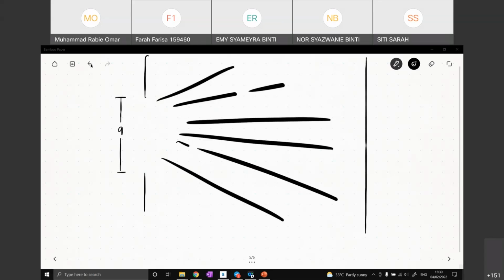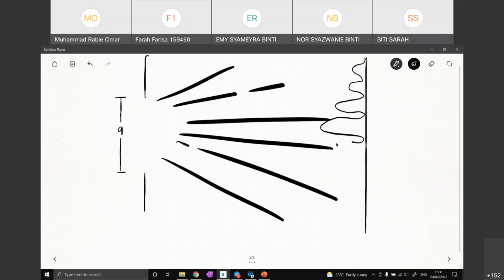But the special thing is the intensity of the light will be like this. You are expecting to see the fringes. This is the dark region. This is the dark region. This is the dark region. So it is fascinating, yeah.